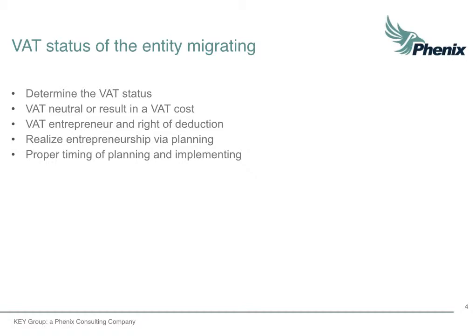It gives insight whether the migration itself and the subsequent activity in the new location will be VAT neutral or result in a VAT cost. The process to assess the VAT status of the migrating entity is to review the treatment of its activities from a VAT perspective.